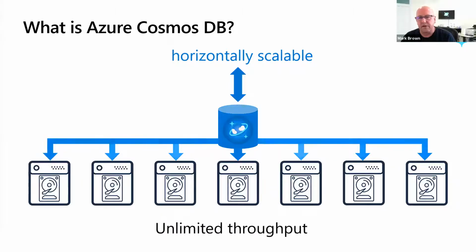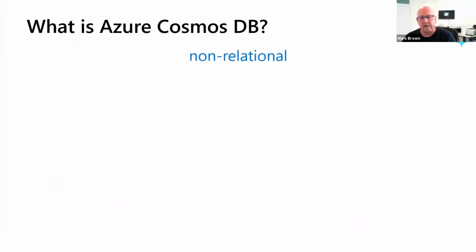It also provides you unlimited throughput, because each server you're adding not only adds additional capacity, but it also adds additional compute power, right? You get additional CPU and IOPS and memory that come with that additional compute on top of there. So you add the ability to handle additional requests as that data comes in.